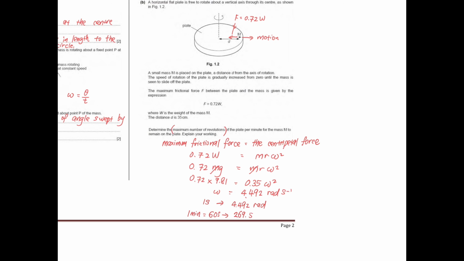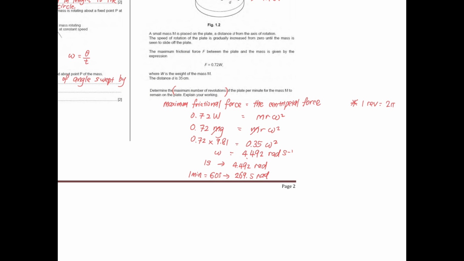So we get 269.5 radian. Okay, so this is the radian in 1 minute. And they are looking for number of revolution. So 1 revolution is 2 pi. So if you want to know how many revolution here, you just need to divide by 2 pi.